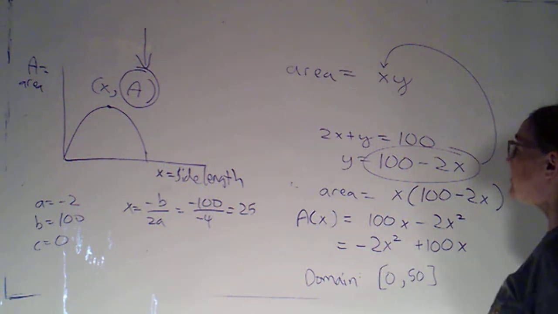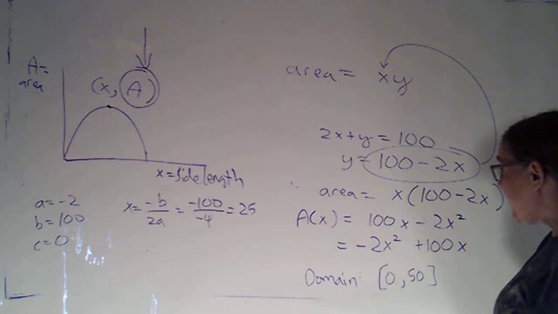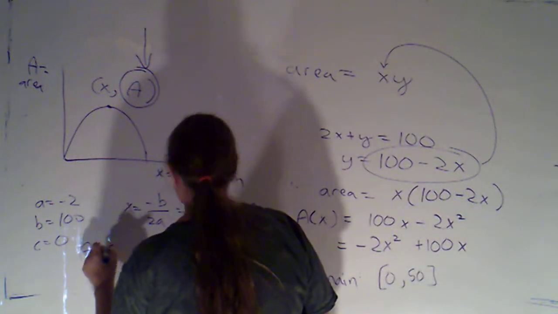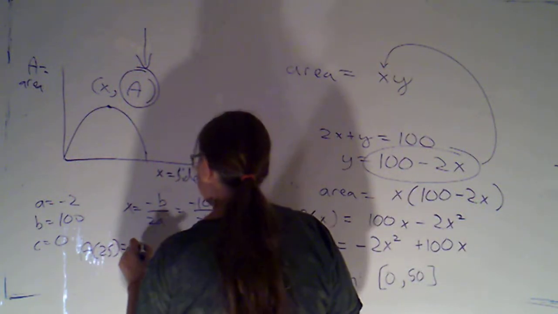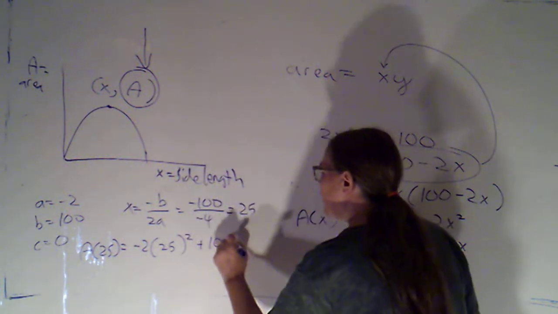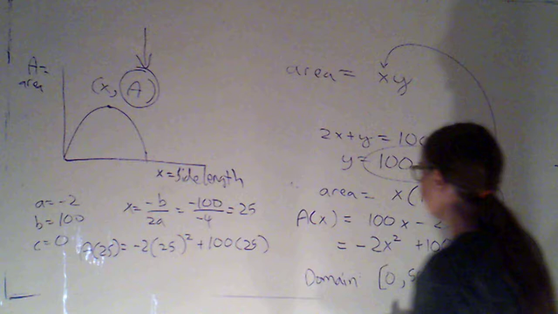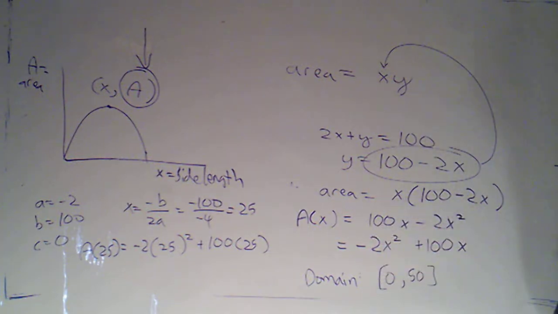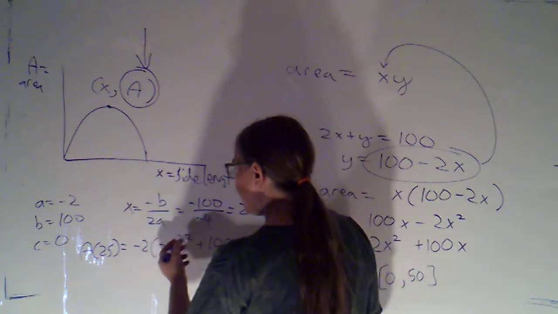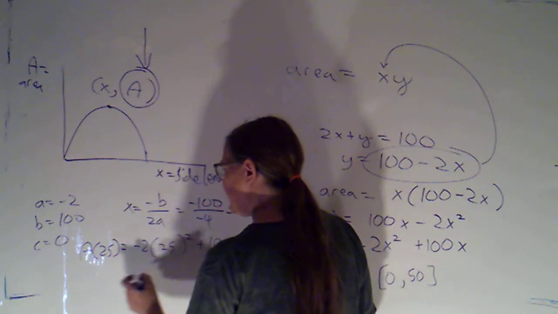Okay. So now I want to find the area at 25. So the area at 25 is -2 times 25 squared plus 100 times 25. Just plugging in 25 for those x's. Let's see, 25 squared is 625.